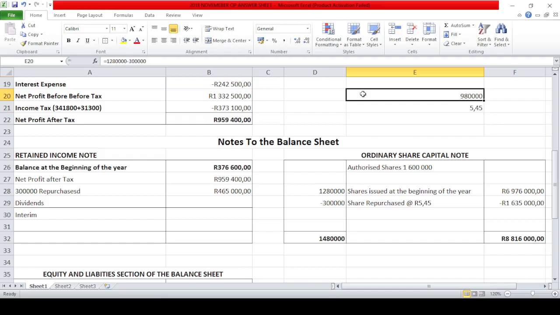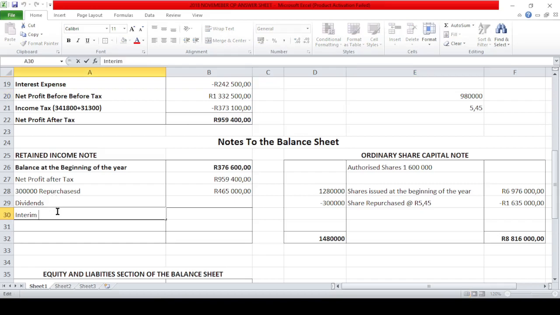We are going to say 980,000 shares times the 30 cent, which is 0.30, and that gives us our interim dividends.